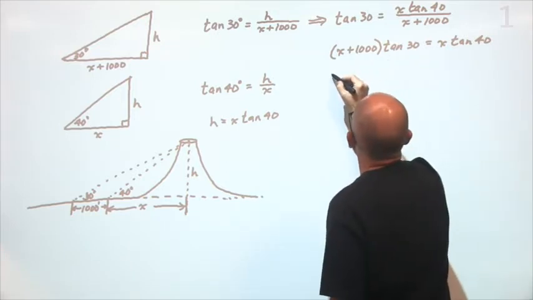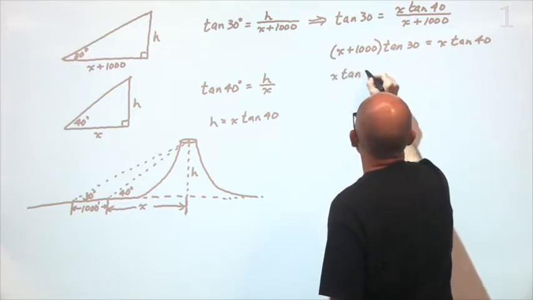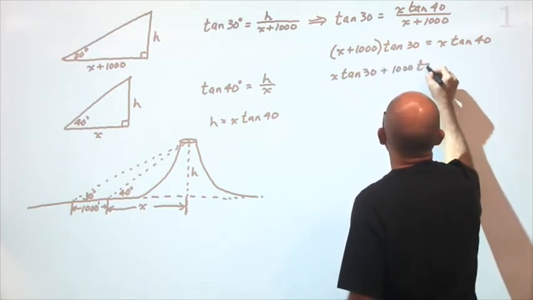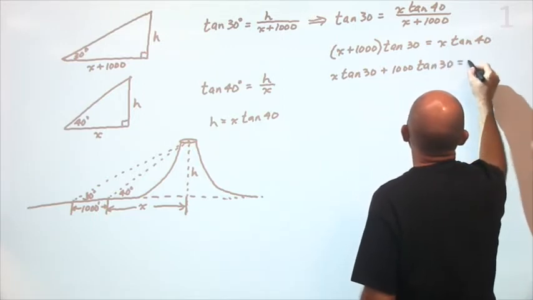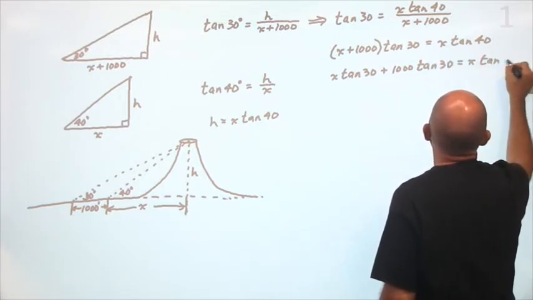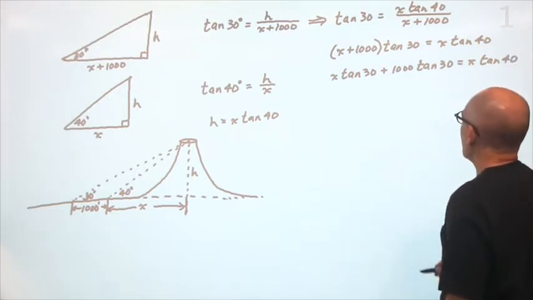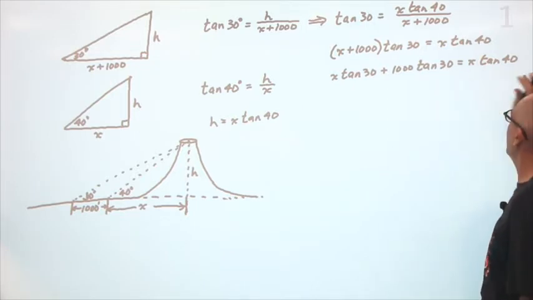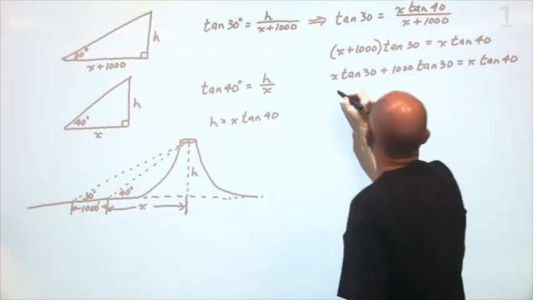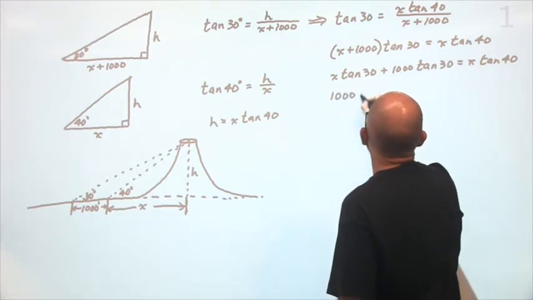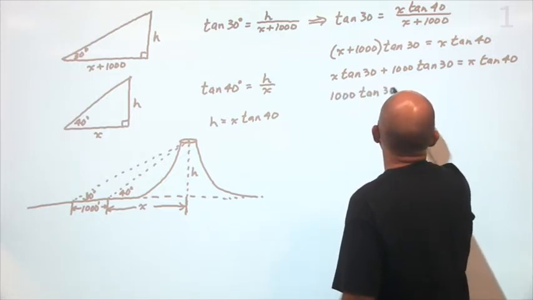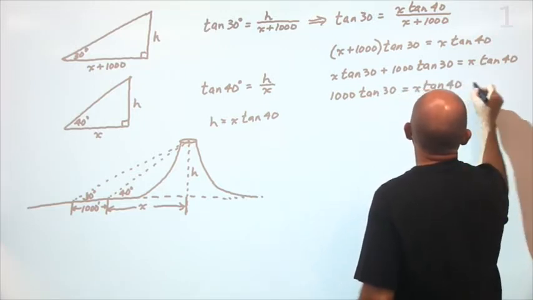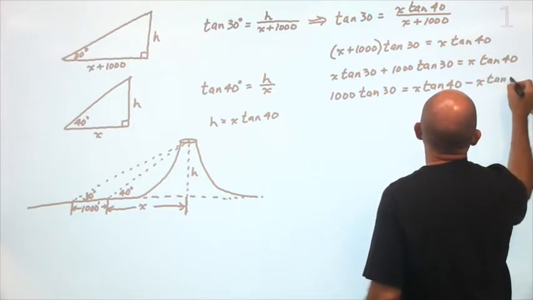So this is going to be x tangent 30 plus 1,000 tangent 30 equals x tangent 40. Now, if I subtract x tangent 30 from both sides, then I have all my x's on the right. So 1,000 tangent 30 equals x tangent 40 minus x tangent 30.